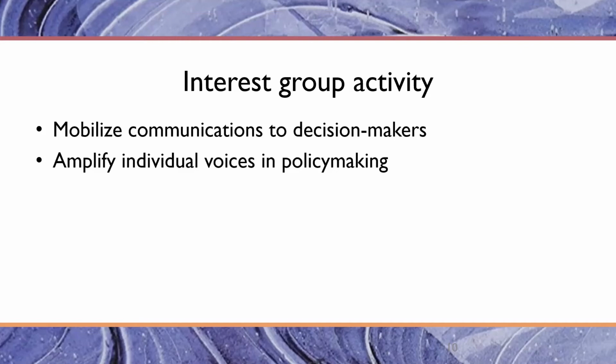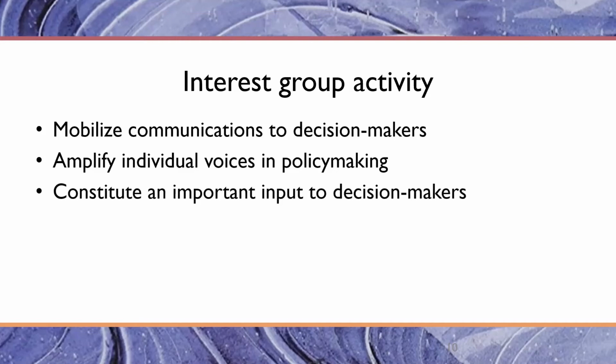That amplifies those voices a little more than just 3 million people on their own, individually communicating with various officials. And oftentimes those members don't communicate at all. We rely on the group to do it for us. In other words, we join interest groups so that they will take on the responsibility and the task of informing elected officials, because that's what they're really good at.